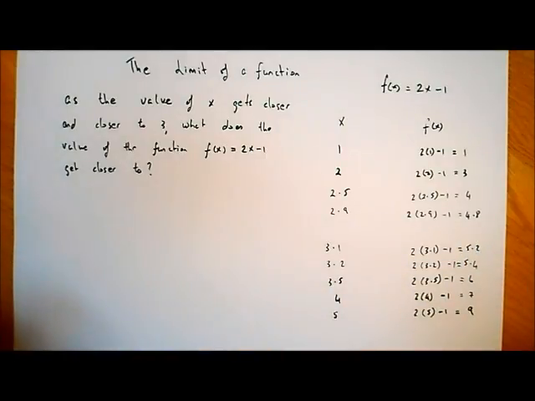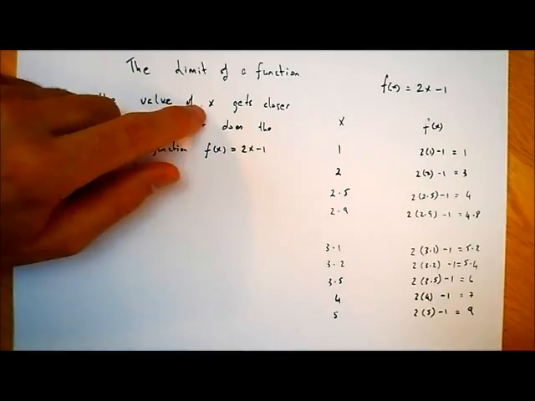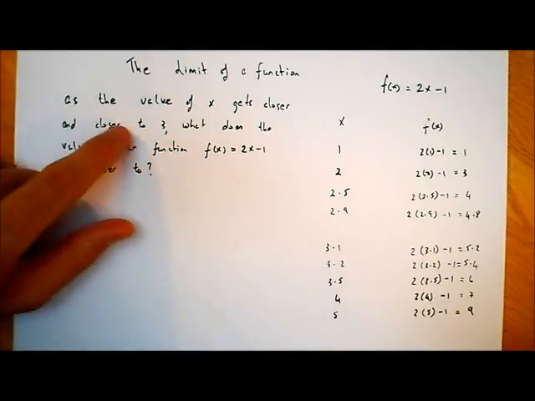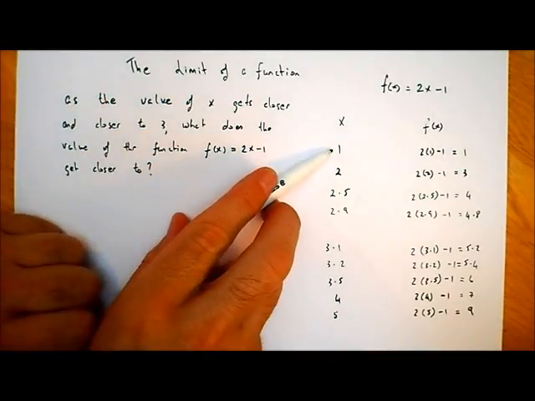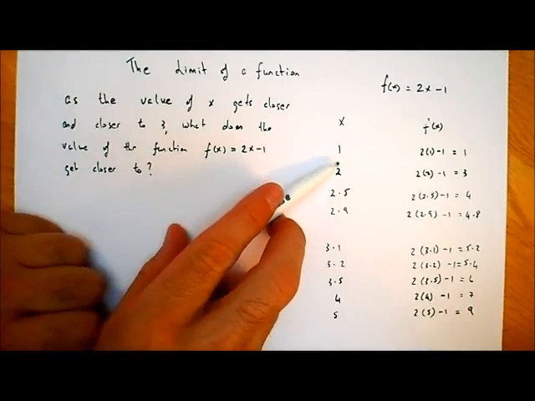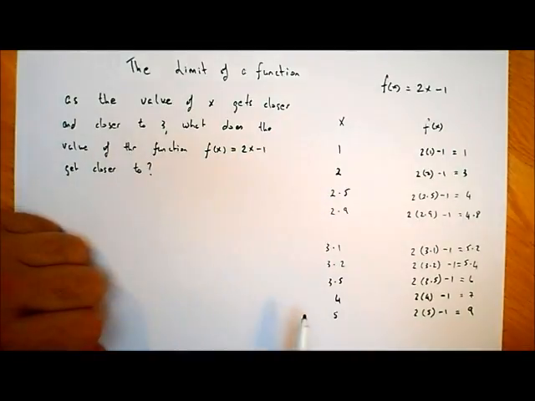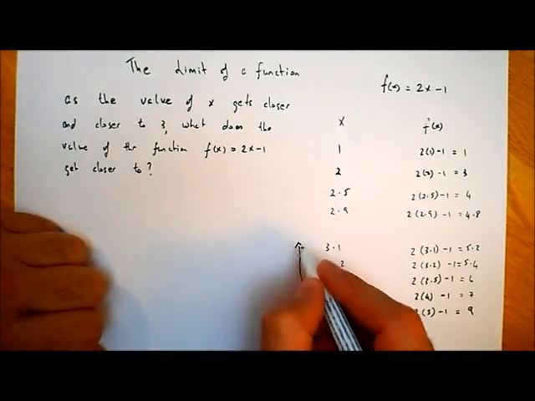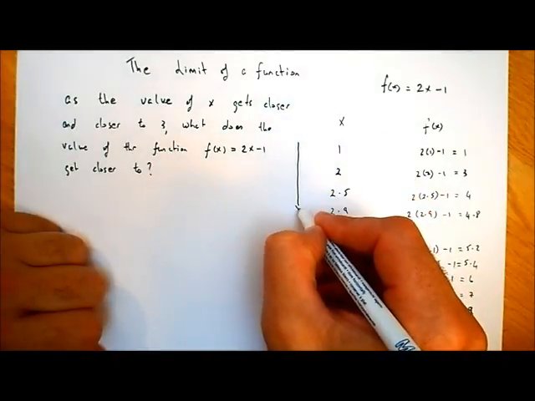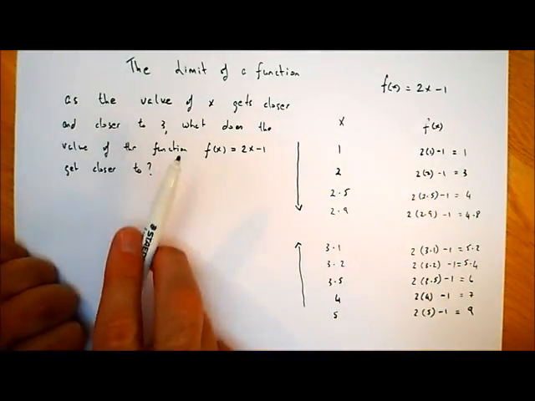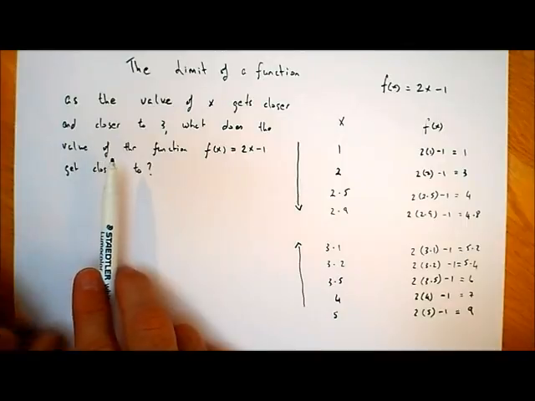Okay, so now let's have a look. The question again said, as the values of x get closer and closer to 3. You can see the values of x here are getting closer and closer to 3: 1, 2, 2.5, 2.9. And they're getting closer to 3 from this side as well. So they're getting closer to 3 like that, and they're getting closer to 3 like that. So as the values get closer and closer to 3, what happens to the function?